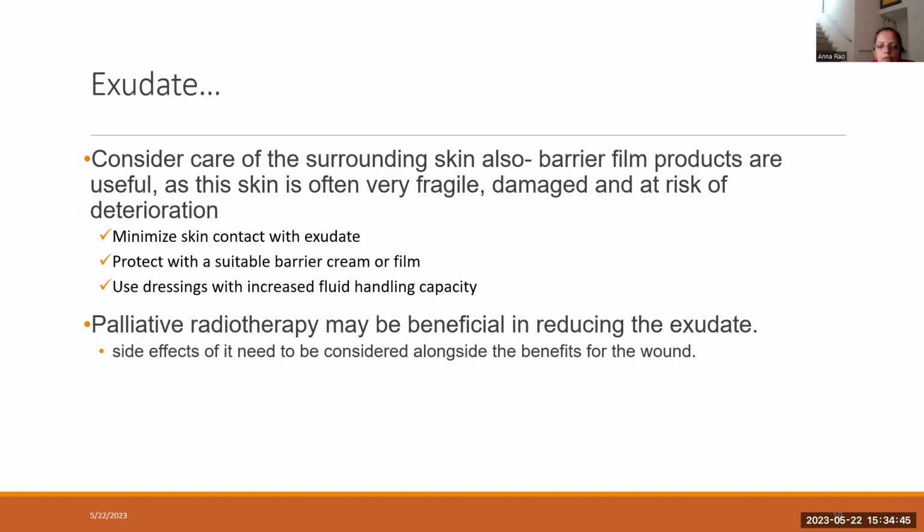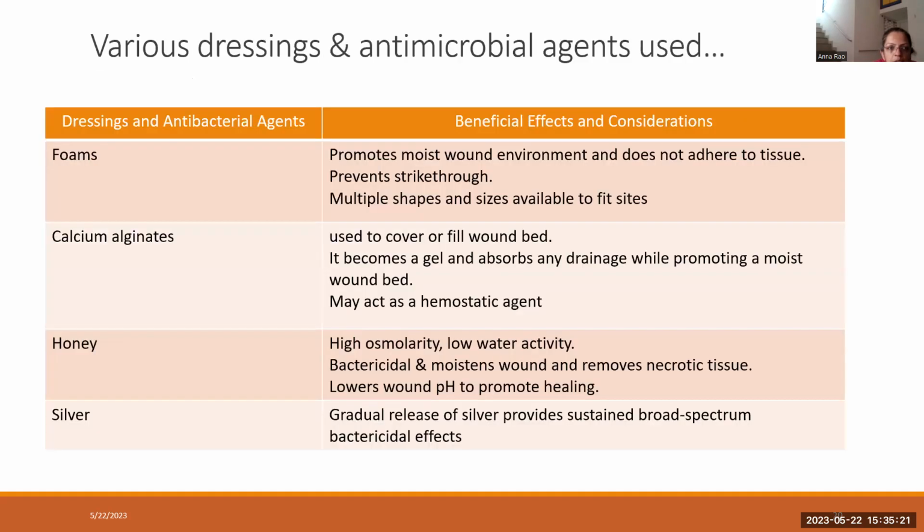That is generally mixed with egg white and applied as a barrier film. Even silver paste can be applied as a barrier film, so the surrounding tissues will not get macerated. And as discussed before, palliative radiotherapy may be beneficial in reducing exudates. Okay, so these are generally the care points for the exudates.